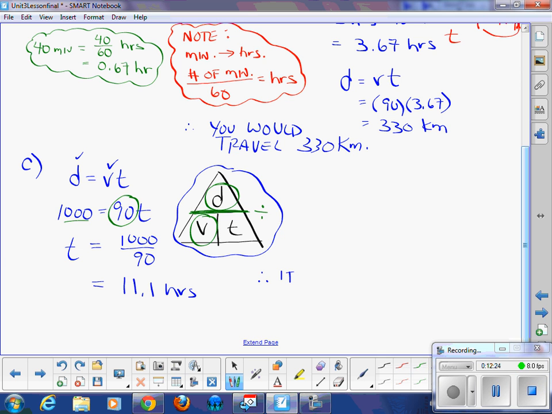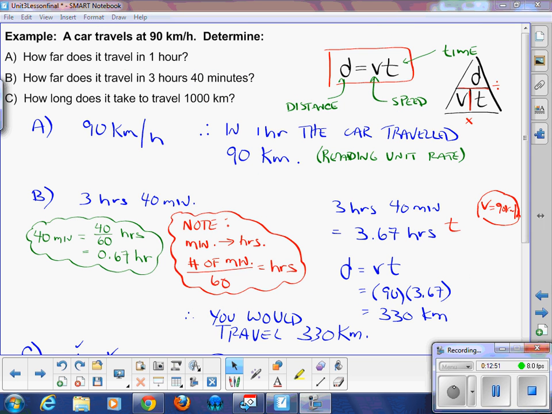So therefore, it will take 11.1 hours to go 1,000 kilometers. And just to put that in perspective, that's halfway to Florida. 1,000 kilometers would get you halfway to Florida, so probably around the Georgia border. Well, actually closer to Atlanta probably, just so you have a little perspective here.